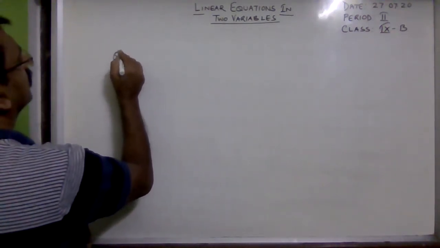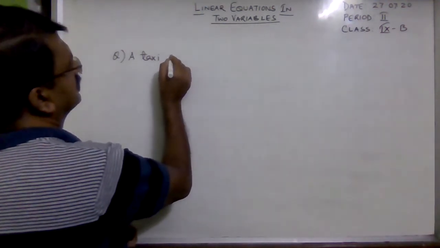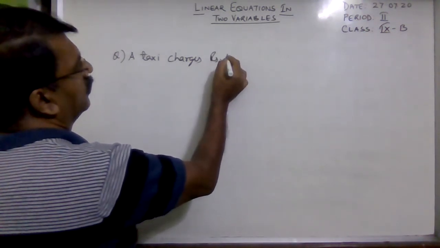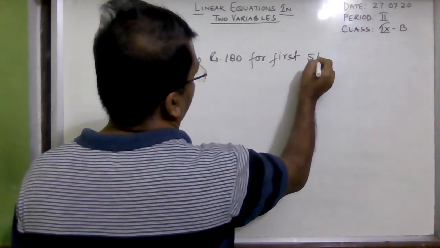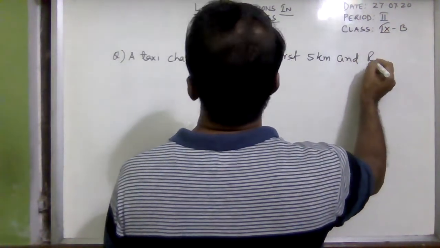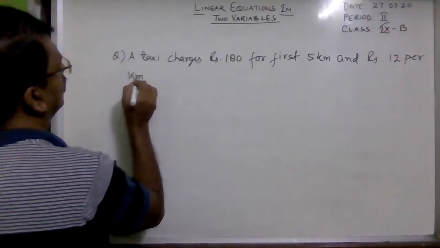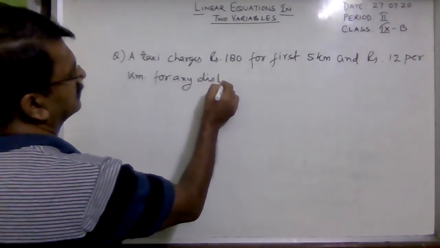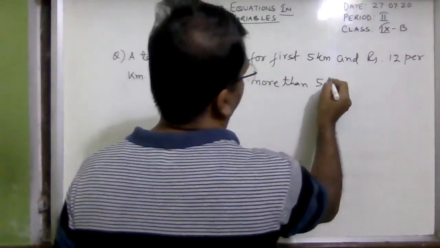Next question. A taxi charges rupees 180 for first 5 kilometers and rupees 12 per kilometer for any distance more than 5 kilometers.